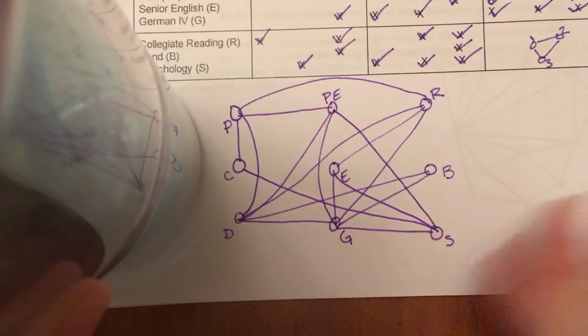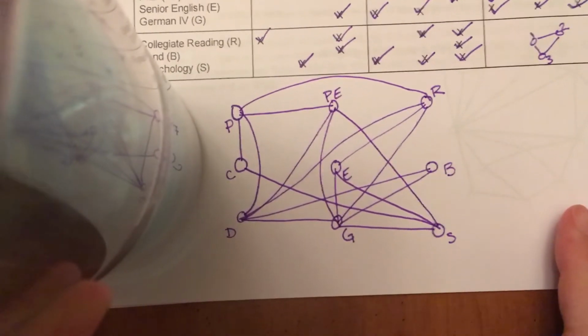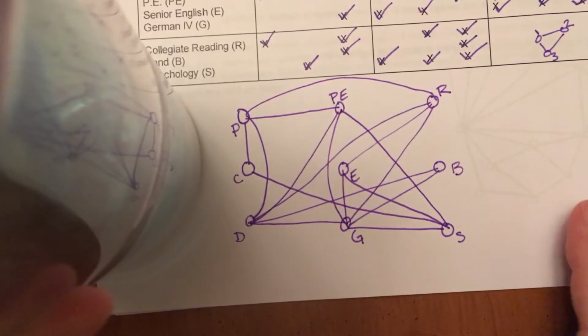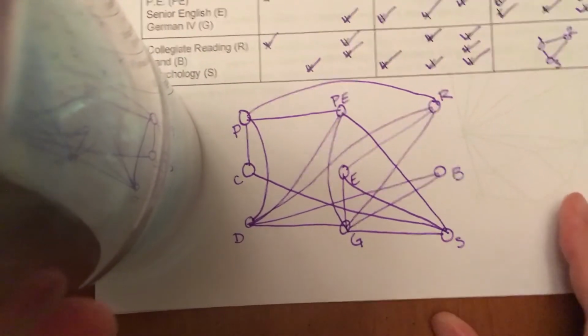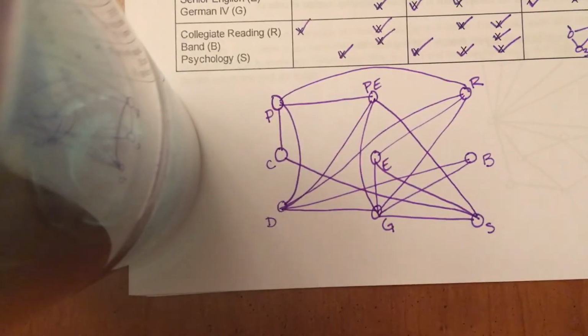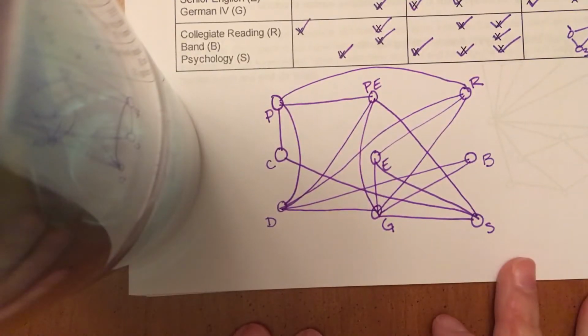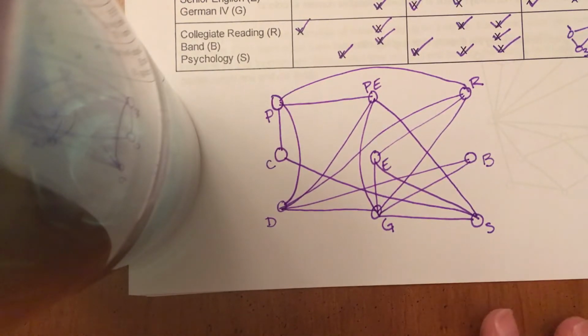I'm going to use different colored pens and markers. Again, use what you have. If you don't have multicolored writing utensils, highlighters, whatever, then number 1, 2, 3 for your different colors. So as I'm coloring, I want to start with vertices of high degree. Okay, I'm starting with vertices of high degree because that will help me eliminate a lot of adjacent vertices right off the bat.